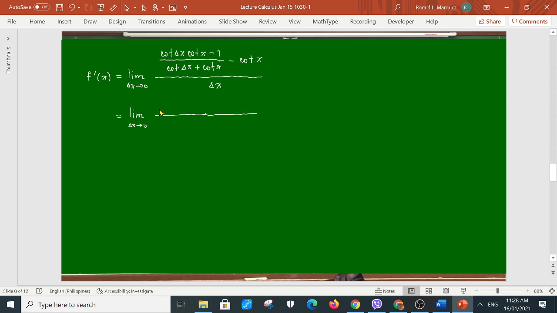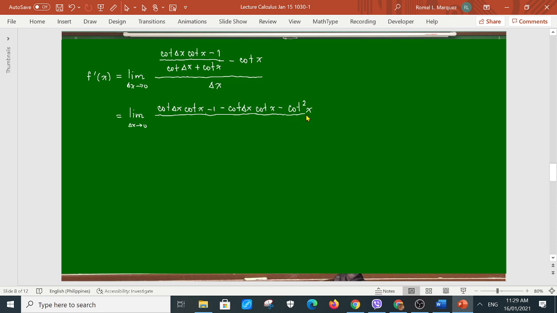This will just be cotangent delta x cotangent of x minus 1, minus cotangent delta x cotangent squared x, then cotangent x, then minus cotangent squared x.